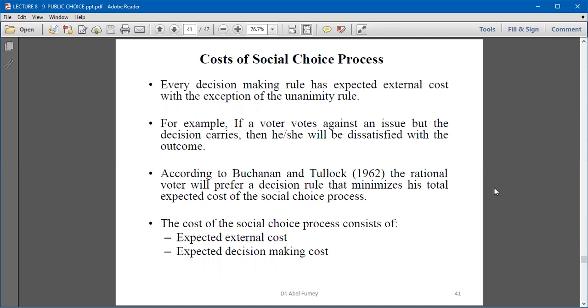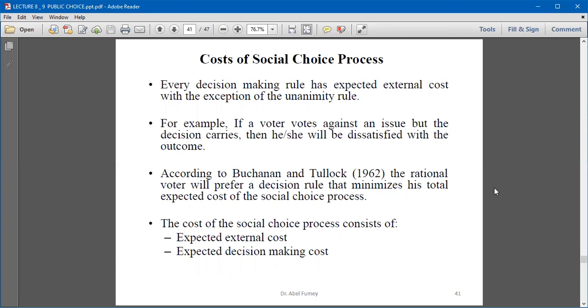Now let's look at the cost of the social choice process. When we are participating in social decision making, when we are voting, what are the costs that we get? If you take the unanimity rule, there is no external cost at all, because all the people are coming together.